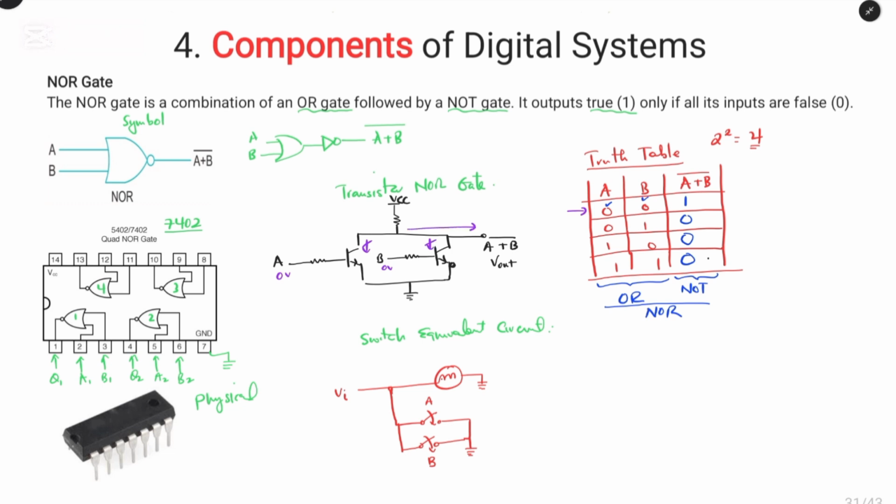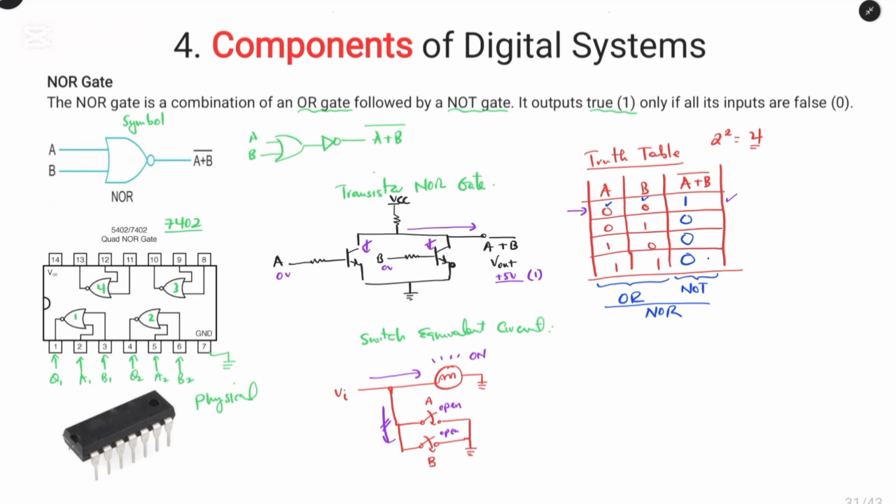Now the output is equivalent to VCC or the 5 volts, and it has a logic state of 1, and we can verify from this truth table. When you look at the switch equivalent circuit, when the switches are open and open, that means no current will pass through to the ground. All the current will flow through the lamp.